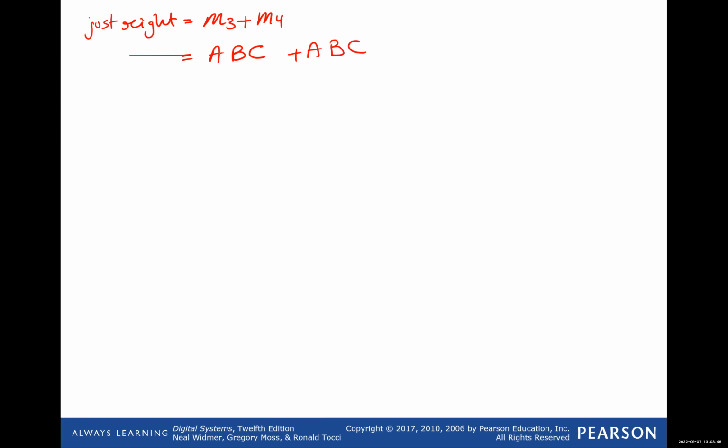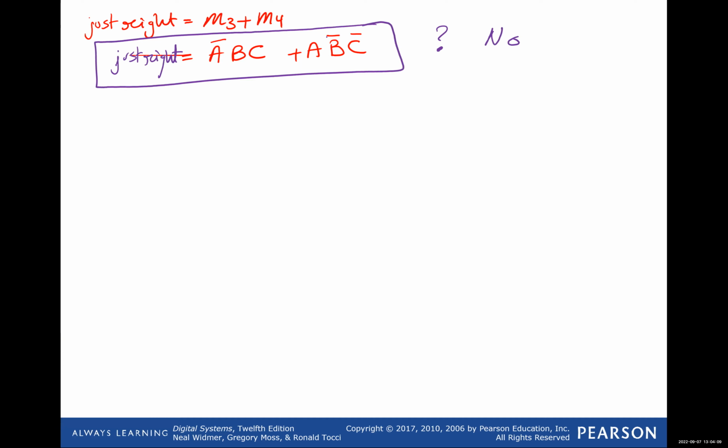For the 3, it's going to be A complement B C, or A, B complement, C complement. Now, looking at this one here, asking the same question, can we simplify it or not? Can it be simplified even more? This is the just right. There are no common factors in between, so the answer is no, and it's just going to remain as is.